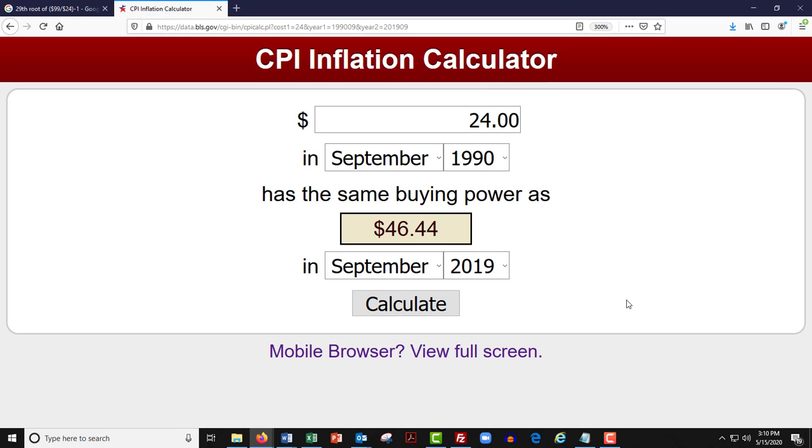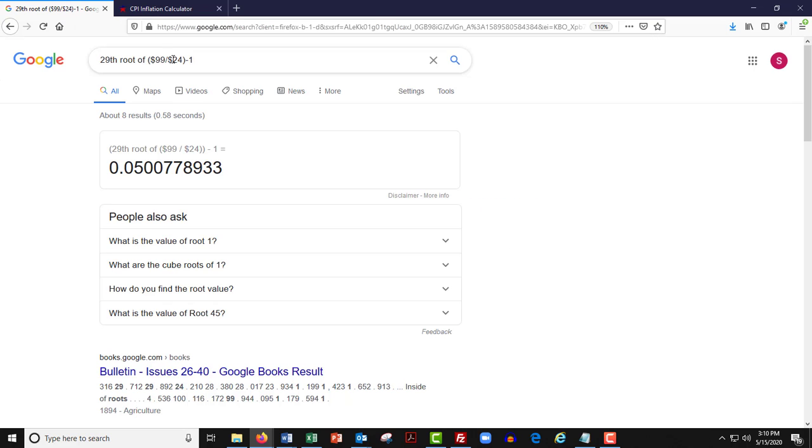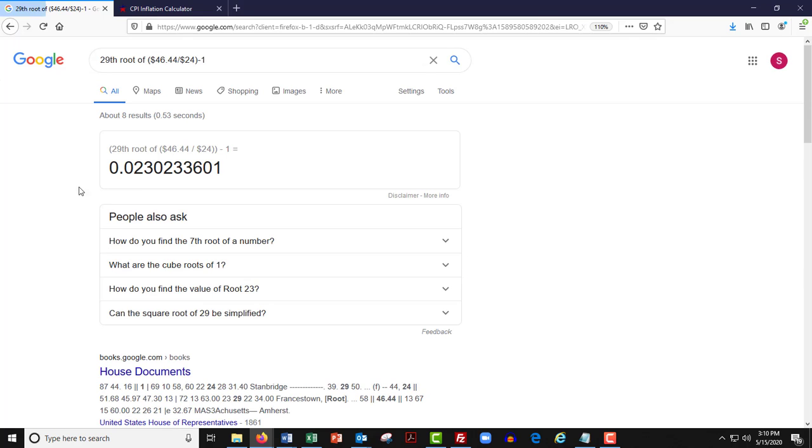So that's what it'd be if you just follow economic inflation, which means we can do the same kind of thing we did before. Economic inflation was only about 2.3%, which is less than half of what tuition actually was. So that was that.